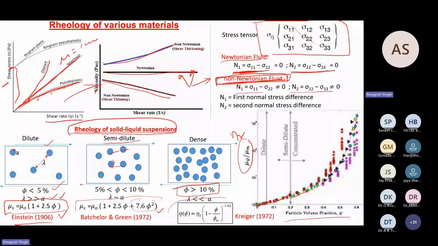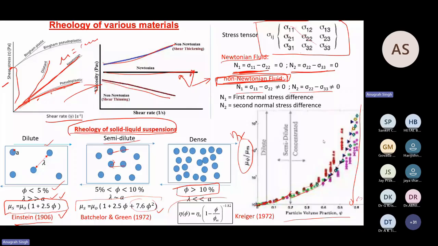Phi m is the maximum flowing packing fraction, the maximum you can pack and still flow. You can see it's diverging. Phi m for random packing of monodisperse spheres is 0.63. So the viscosity goes to infinity, which means you cannot flow anymore. It behaves like a solid.